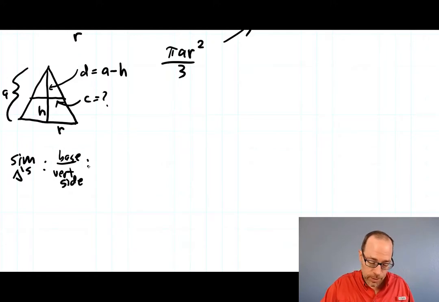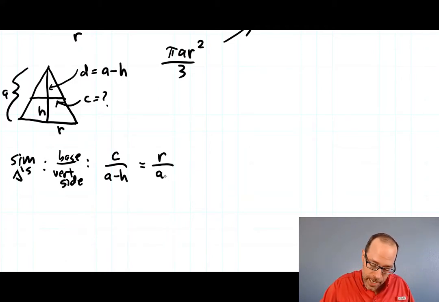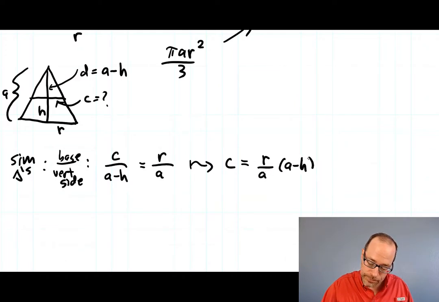So for the small triangle, the base is c, and the vertical side is a minus h. But for the big triangle, the base is just r, and the vertical side is a. So this will let us solve for c. c will be r over a times a minus h.